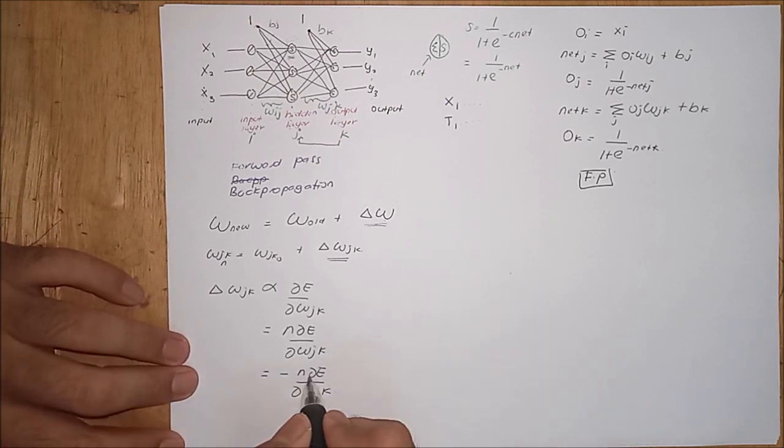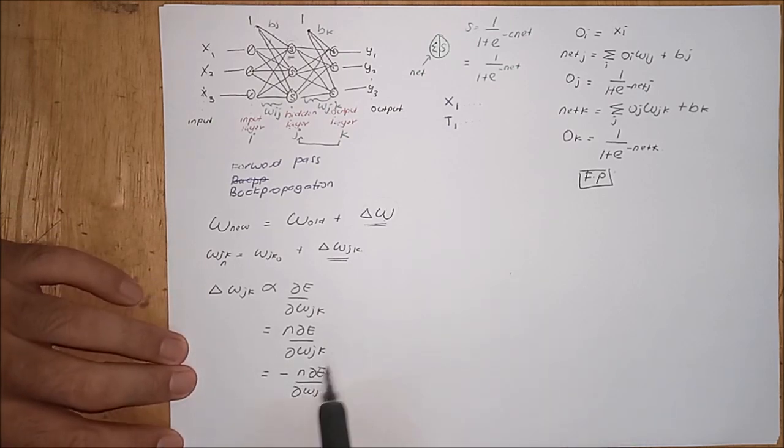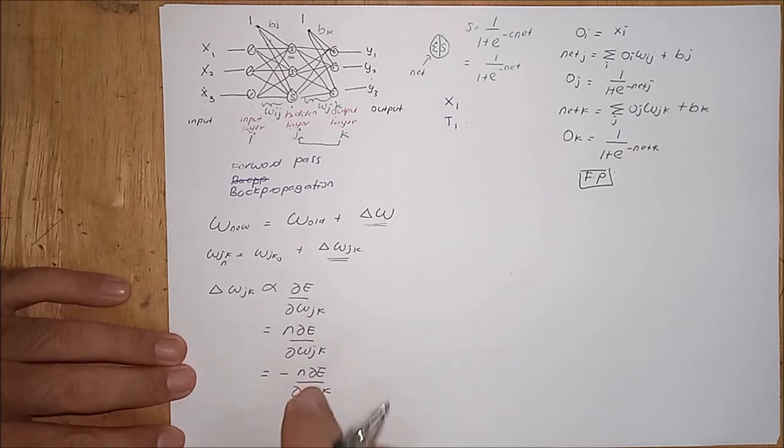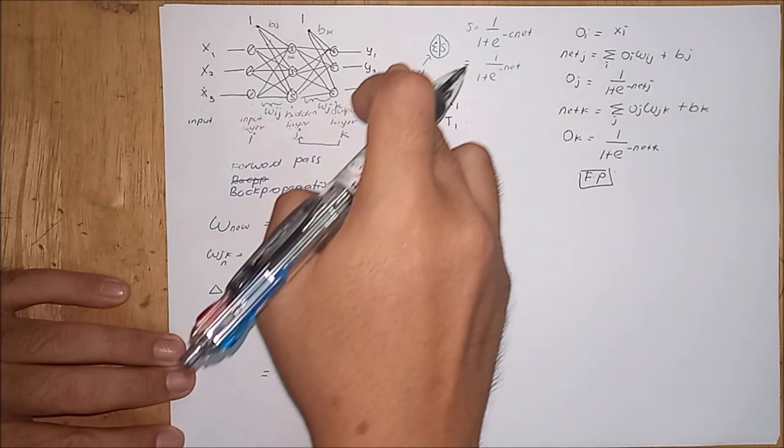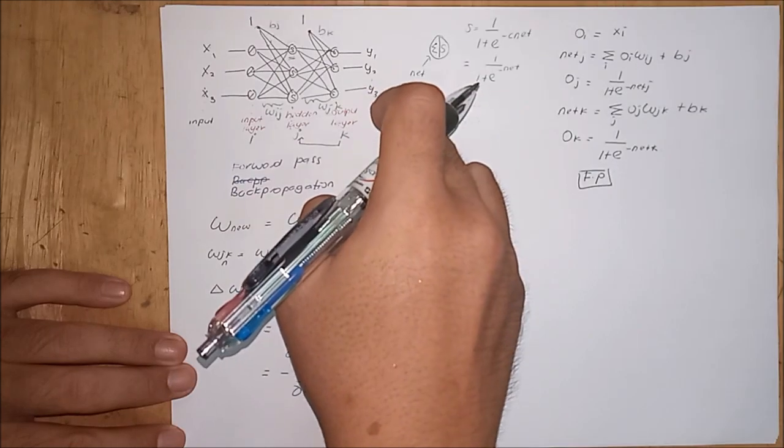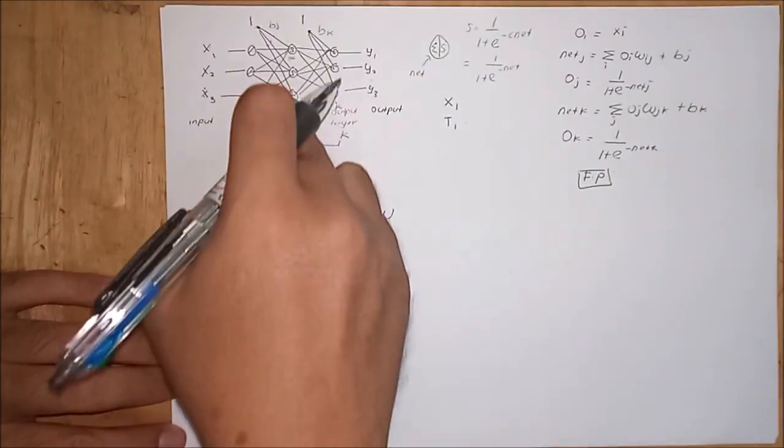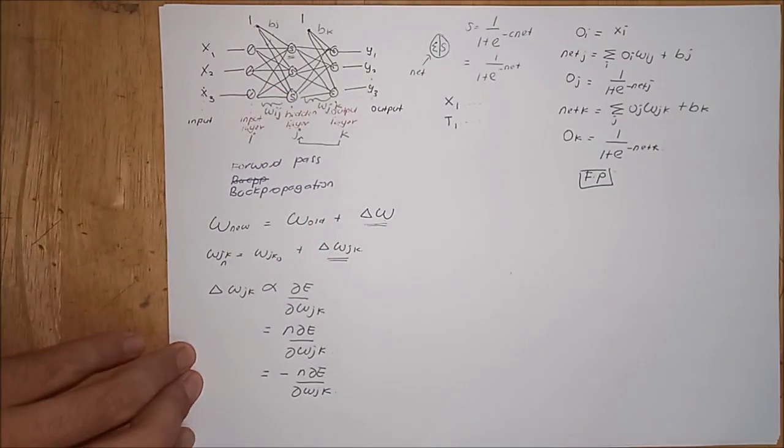Our aim right now is to find dE over dWJK from the forward pass. To find the relation, we will use what we call the chain rule in order to relate the error in the output layer and feed it back to the hidden layer.